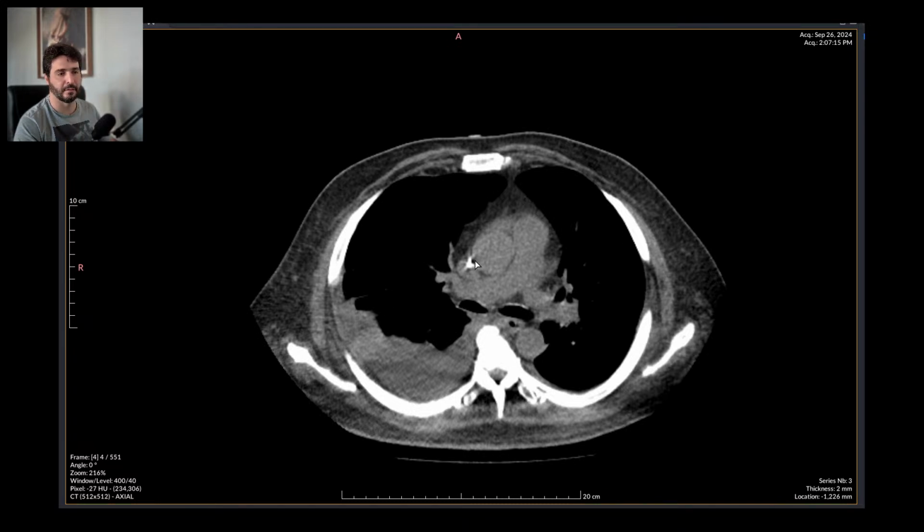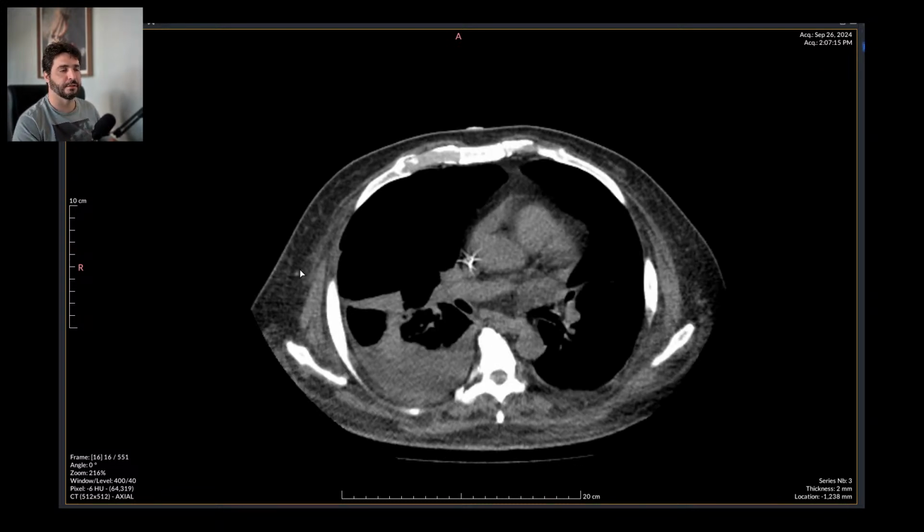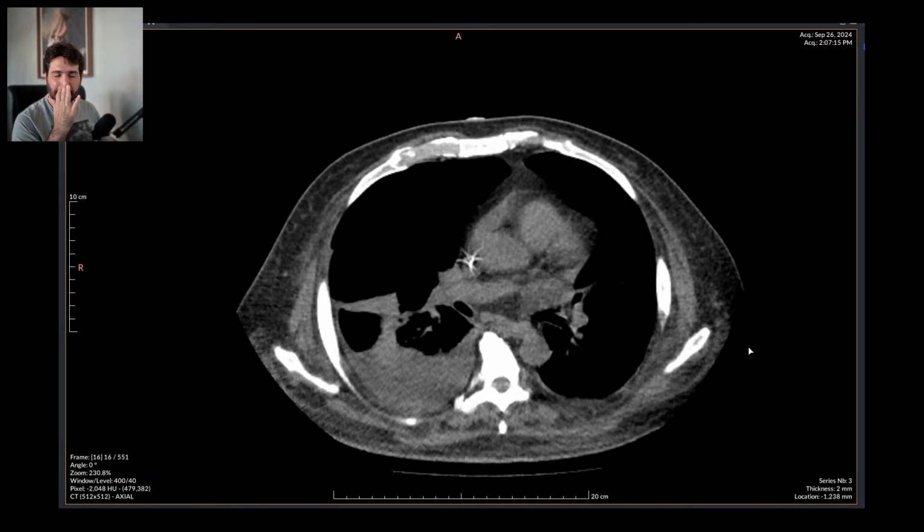He has a long dwelling catheter right there on his superior vena cava. This probably is an oncologic patient. There is diffuse edema of soft tissue all over the place. This can't be good.